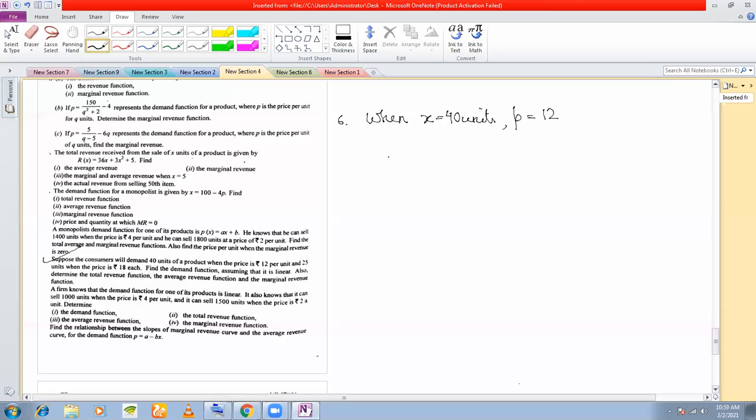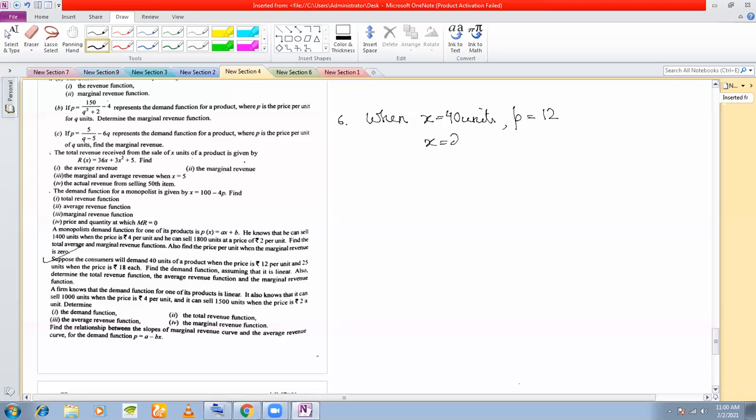And the next sentence: suppose the consumers will demand 40 units of a product when price is rupees 12, that I have already written, and 25 units when the price is 18.